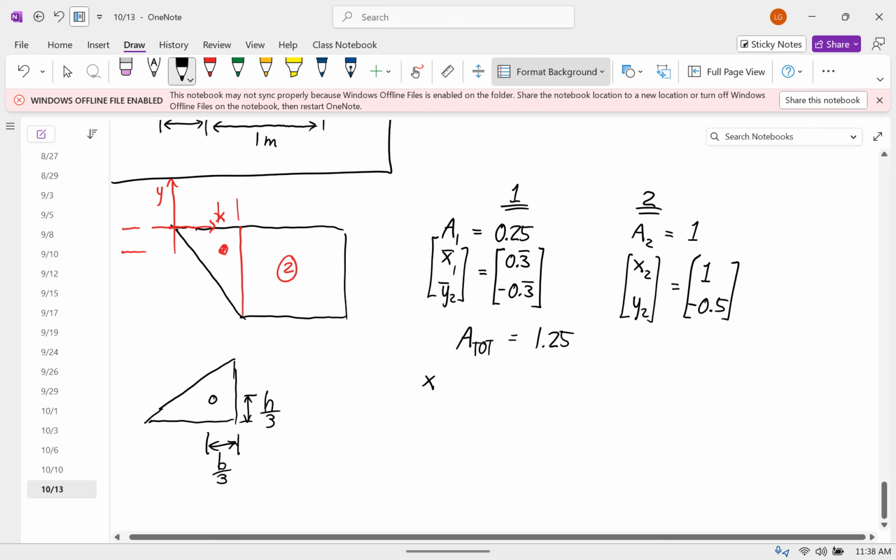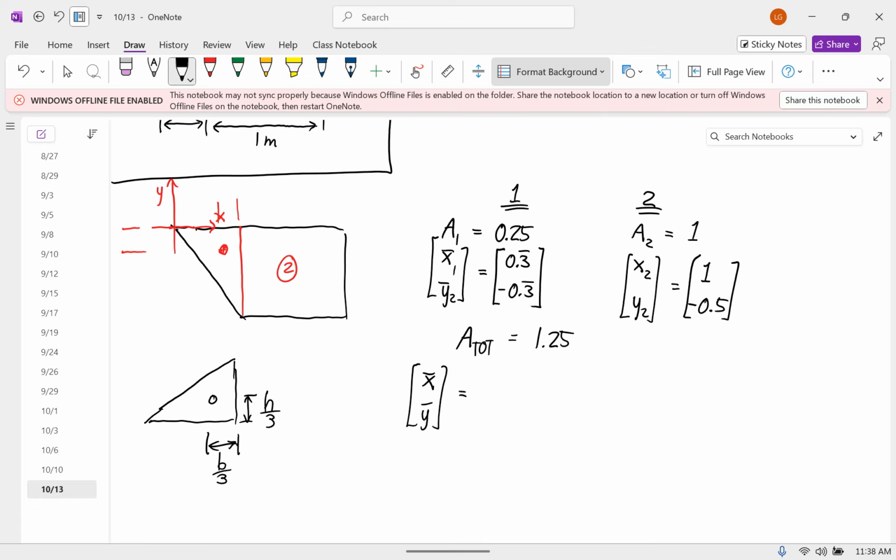And the centroid of the whole shape is 1 over 1.25 times 0.25 times the centroid of the triangle plus 1 times the centroid of the square.